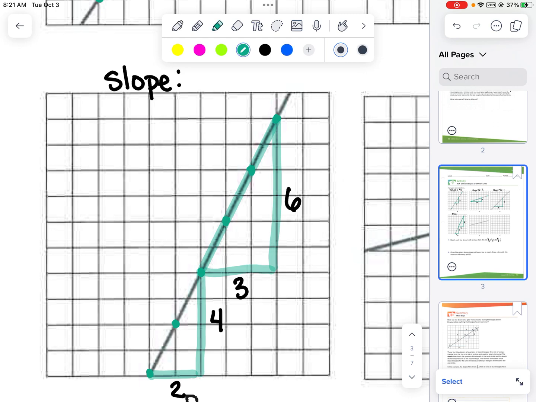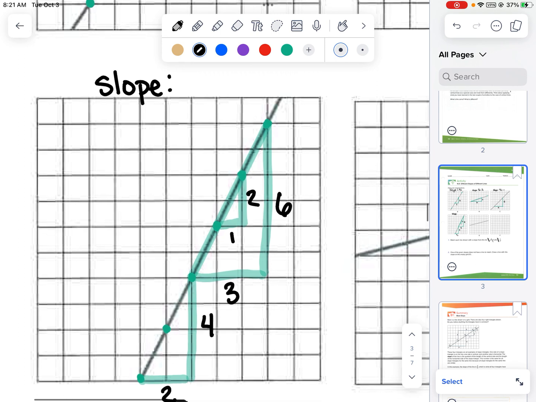And what if I chose these two? Then I would have a slope of 2 over 1. If we compare all of these fractions, 4 over 2, 6 over 3, 2 over 1, they would all simplify to the same value, which is 2.